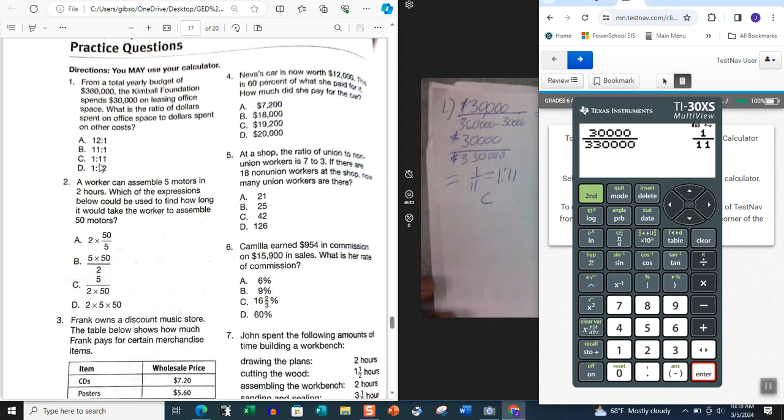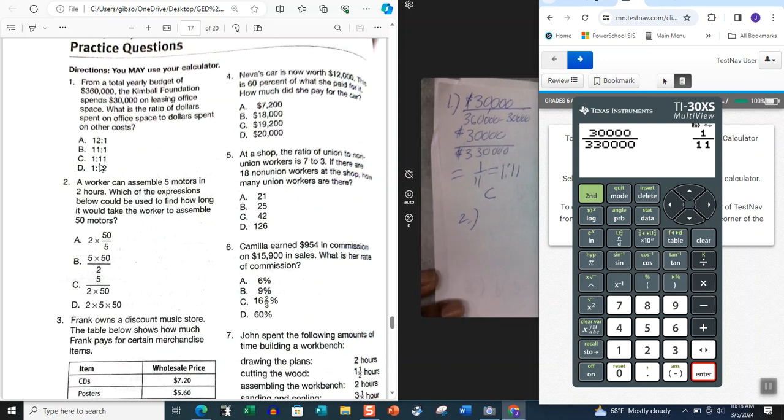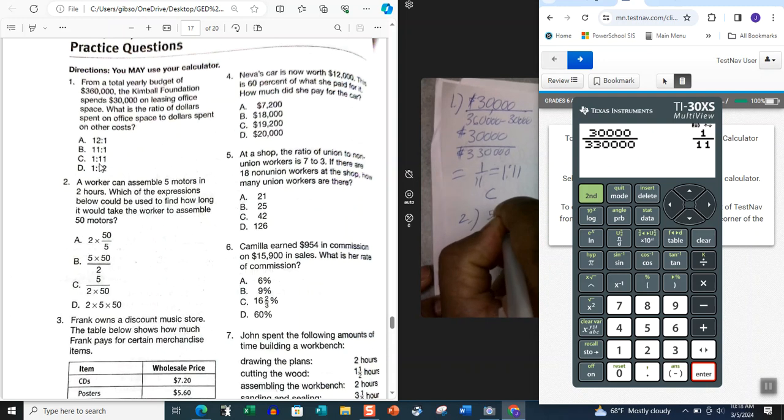All right, now we go to number 2. It says a worker can assemble 5 motors in 2 hours. Which of the expressions below could be used to find how long it would take the worker to assemble 50 motors? So we could say 5 motors in 2 hours.